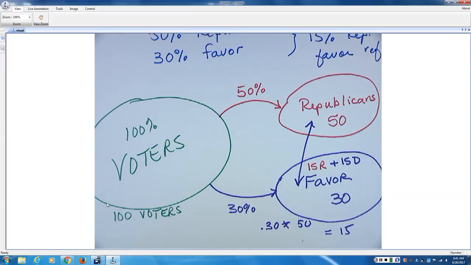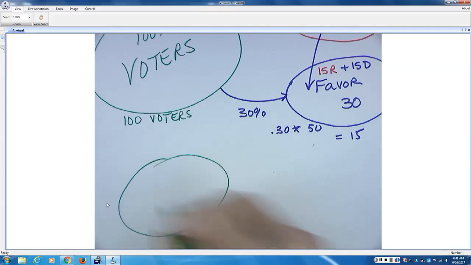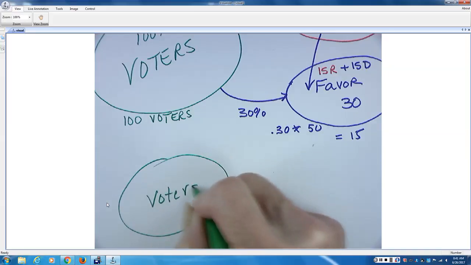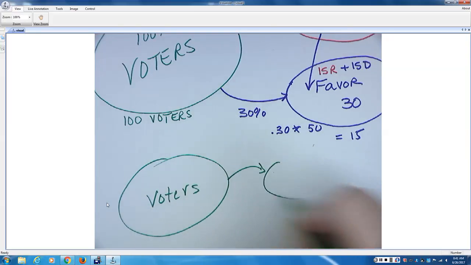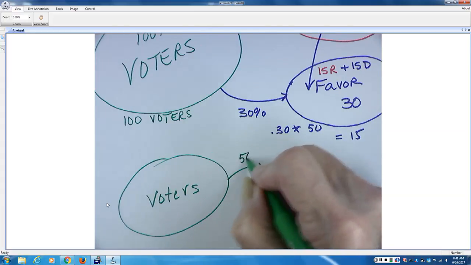It only follows if you have a situation where it's like this. You have all your voters, and then you count out your Republicans, and that's 50%.